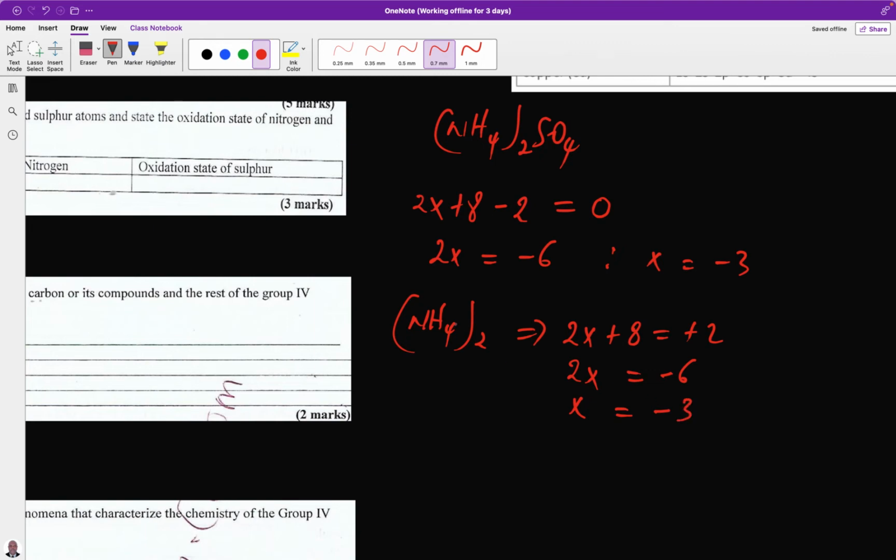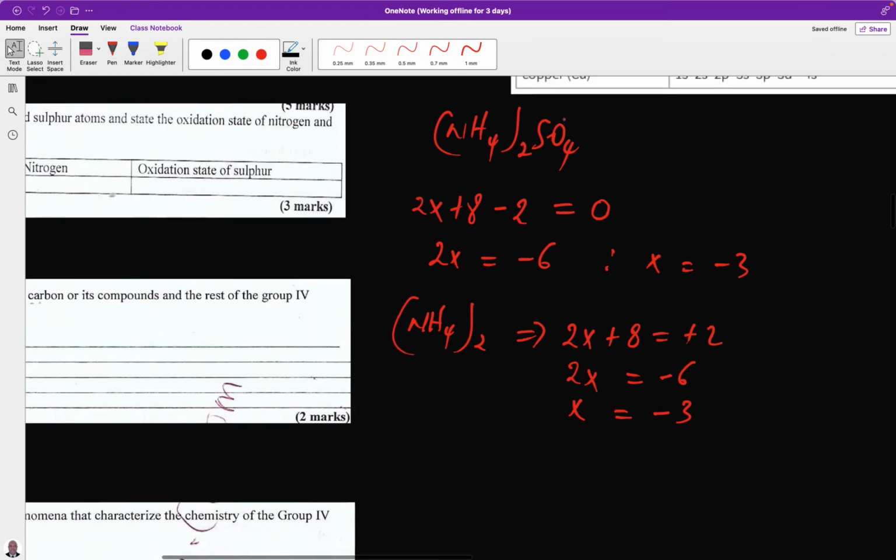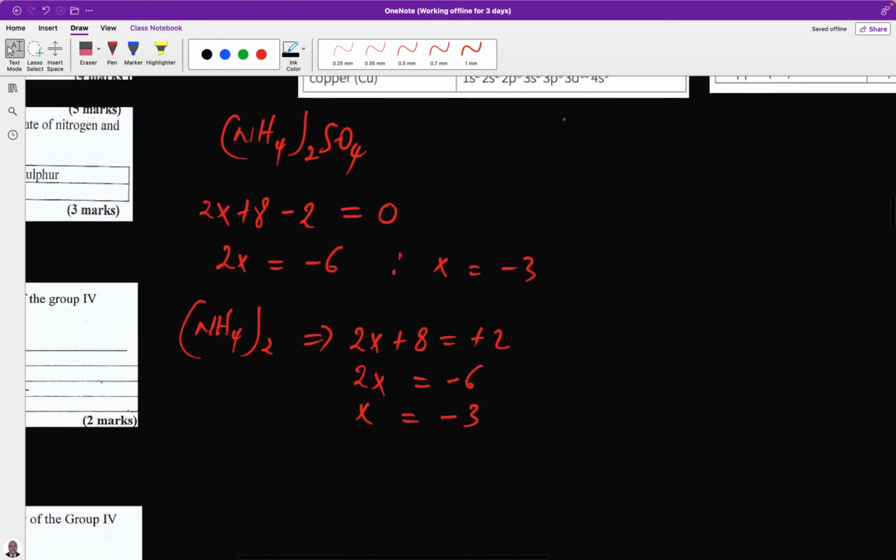So either you use this, and when you use this alone, assume it to be equal to the oxidation number for ammonium times 2, as there are 2 of them there. But I prefer to use the whole compound by calculating it and taking the oxidation number for the radical to be -2.